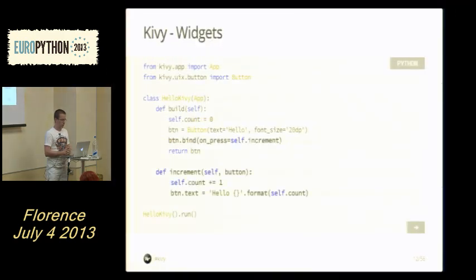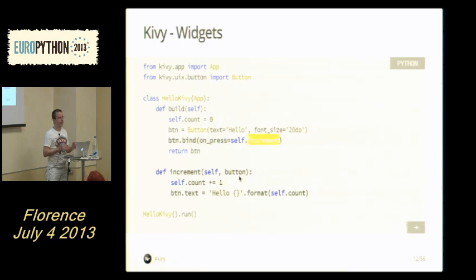Let's add something to it. So I will create a new property named count, and I set it to 0, and I will bind the onPress event of the button, and when the event is called, it will call the increment callback.